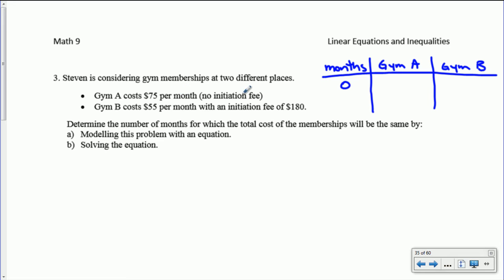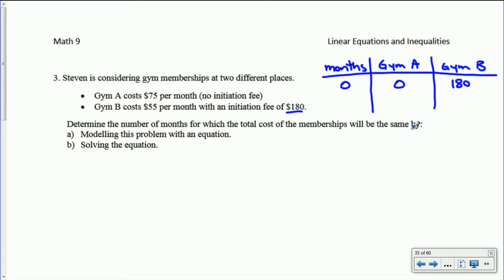They'll say, okay, we have no initiation fee, and because you're using the gym for 0 months, you pay $0. For gym B, if I did that same thing, they'd say, okay, we're going to charge you $180, and because you're using it for 0 months, we're going to waive this $55 fee, but you still have to pay $180 just to get in the door.